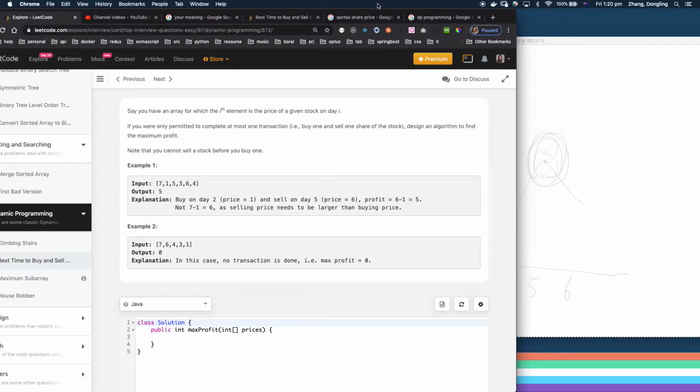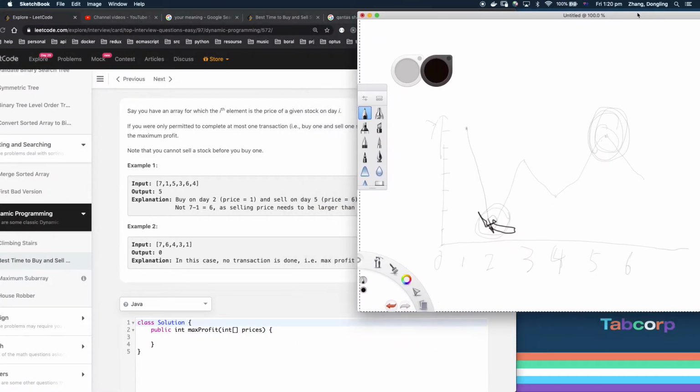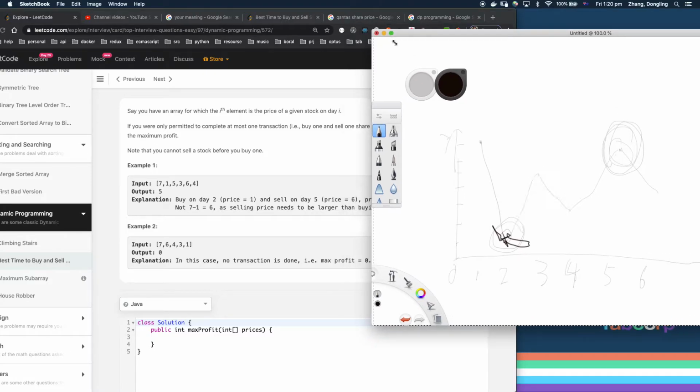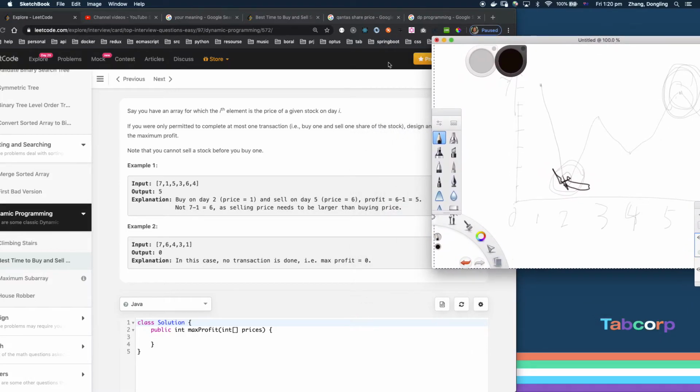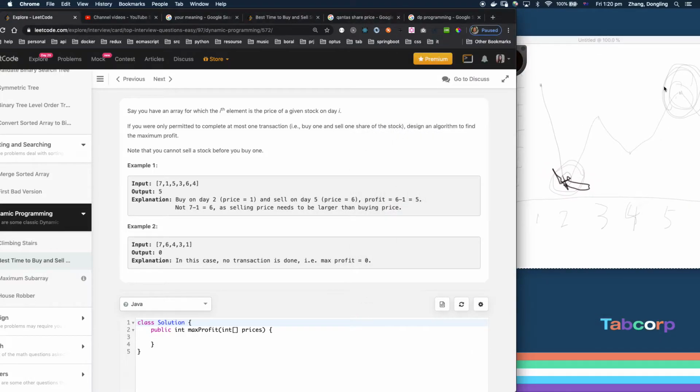I will just leave the diagram on the side, then the code is supposed to reflect it. So let's do it.